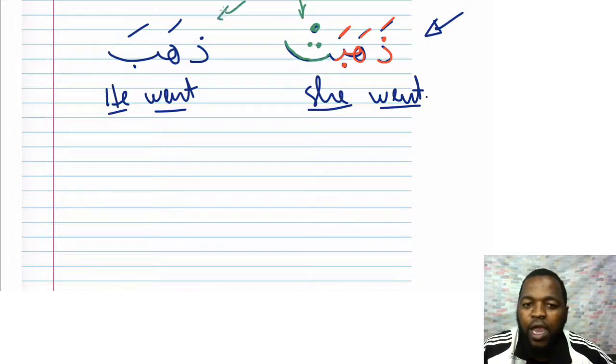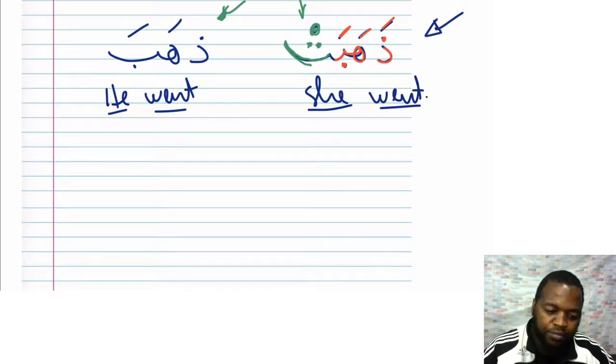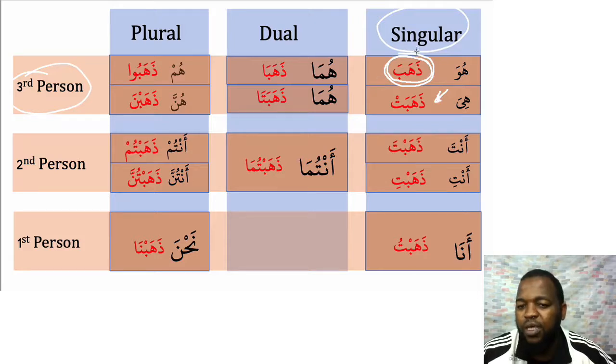Here, I don't see any feminine sign, so I know that the subject is hidden, but at least I know it's masculine. But here, since it has this sign that indicates that the subject is feminine, I say that the subject here is feminine, but it's hidden also.